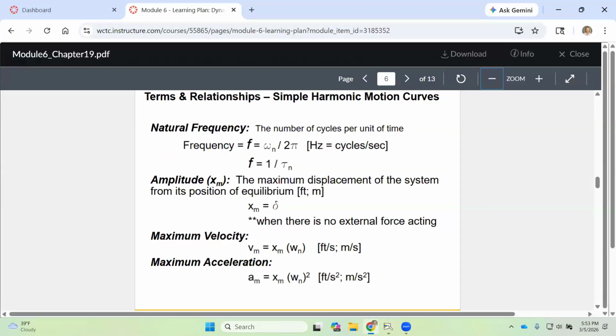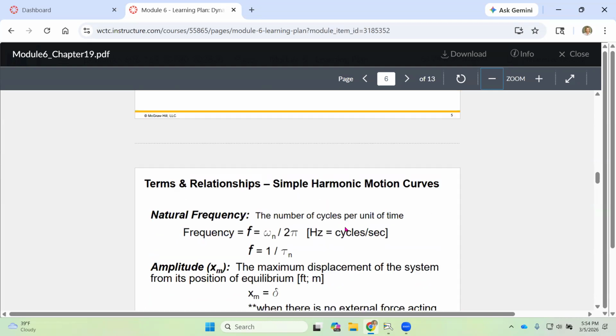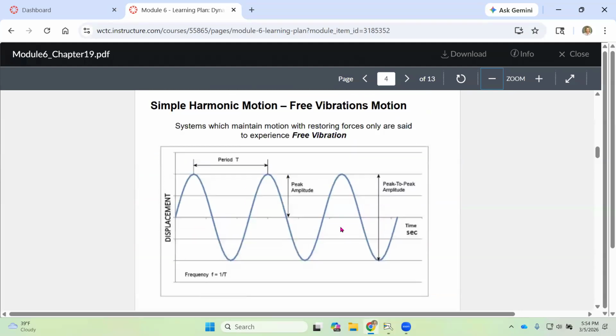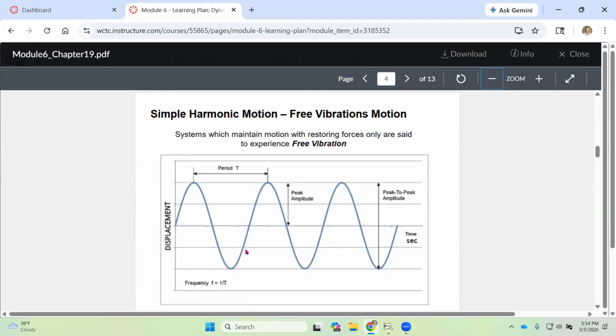Going back, so we added this. Now we've got amplitude. Amplitude is going to be that maximum displacement, so the furthest distance that it's going to travel away from our equilibrium point. If we go back up to our diagram here, our harmonic motion, amplitude is how far we are getting away from our equilibrium point.